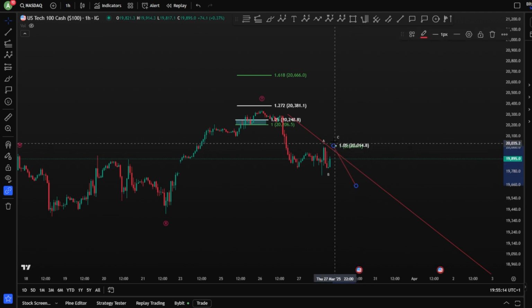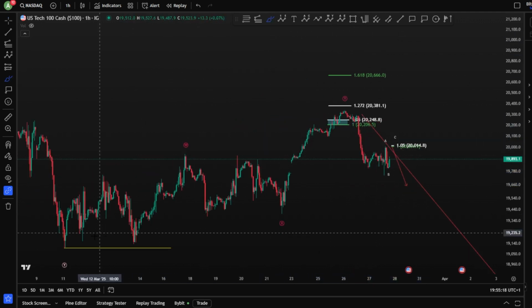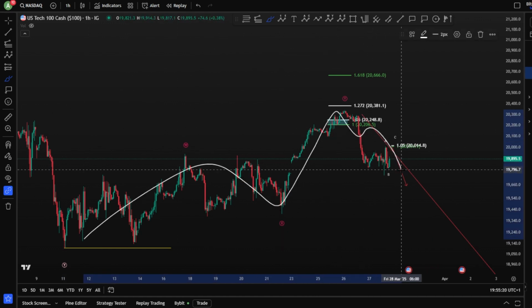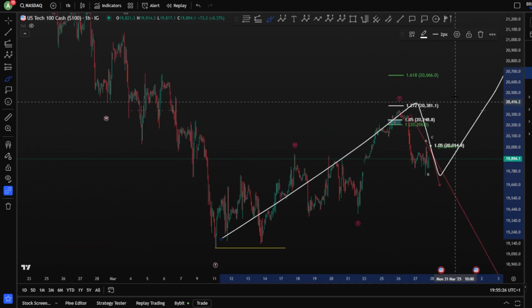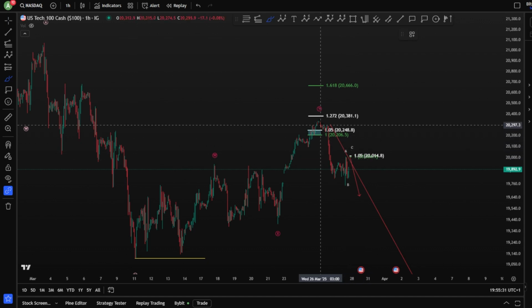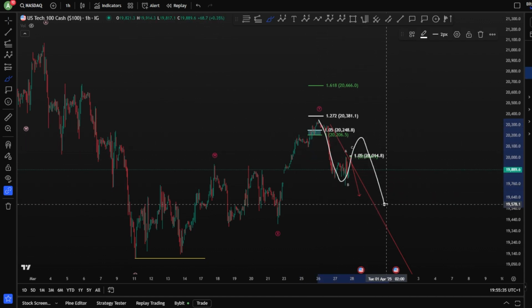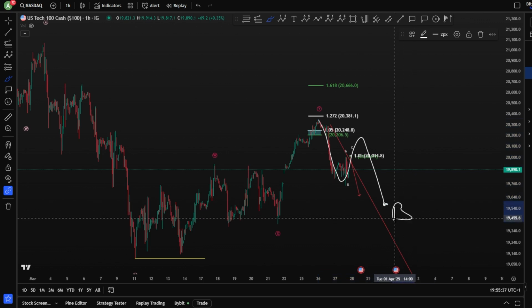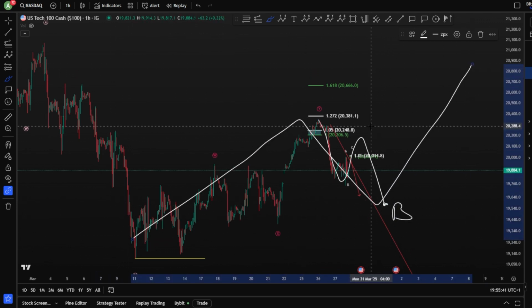If not, then we have to, of course, start to think about something else, meaning 3 waves up, 3 waves down, and then continuation for a wave C for higher, meaning A, B, and a C. But how much this is possible, I doubt it, guys. It can be potentially as well 3 waves down, 3 waves up, correction again for a bigger wave B here, meaning A, B, and a C. So a lot of possibilities.